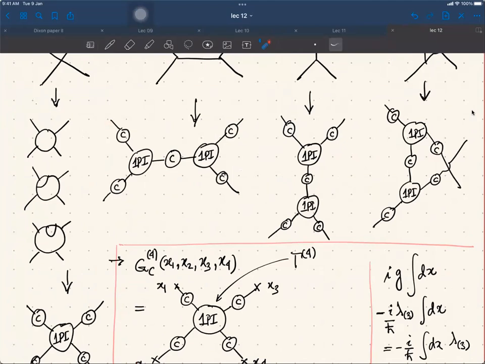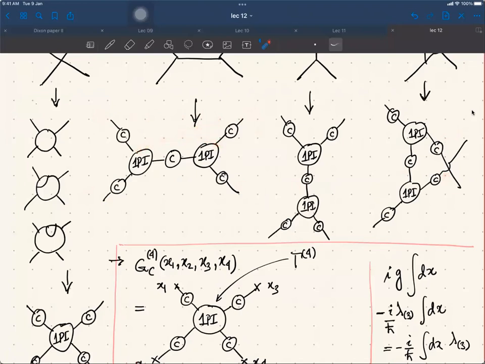So if this is x1, this is x2, this is x3, and this is x4, then other two diagrams, so this diagram, for example, is same as changing x1 and x3. This is changing x1 and x3 because then these two are interchanged. So that is this diagram.